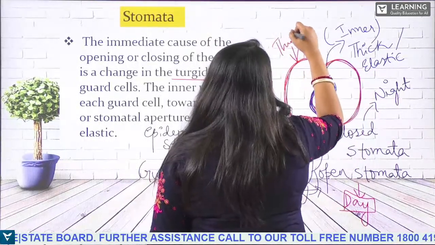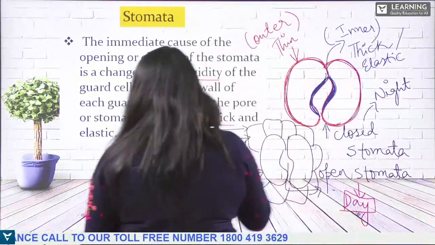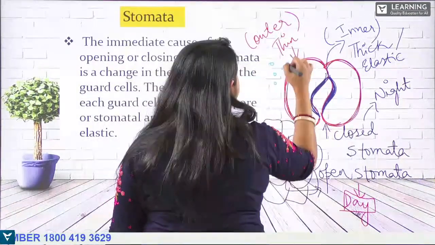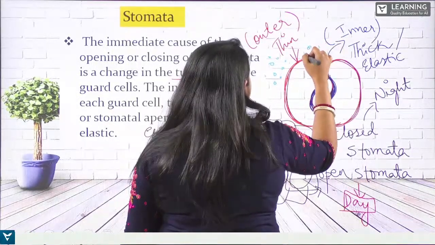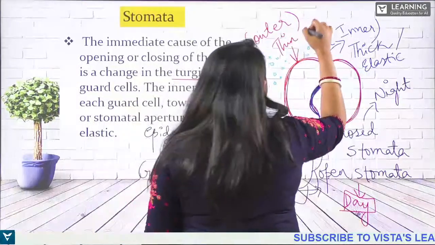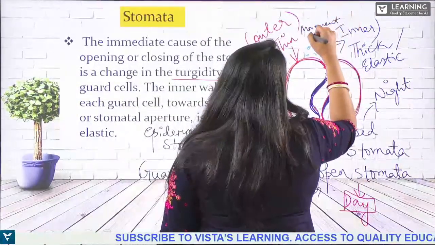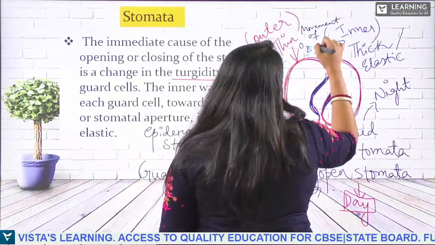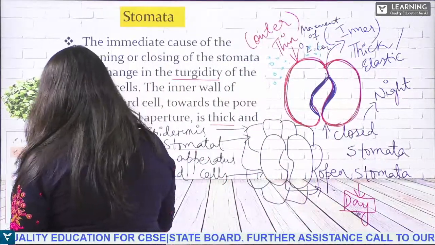So the outer walls are the thin walls, which help in the movement of molecules. They help in the movement of oxygen and carbon dioxide inside and outside the cell.